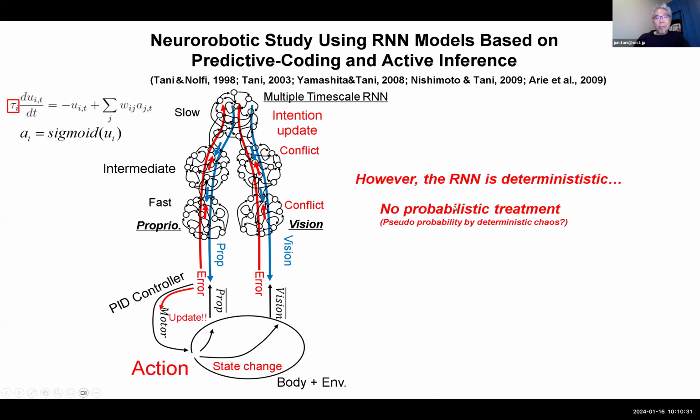But people in deterministic dynamics say that probabilistic phenomena can be well imitated by developing deterministic chaos. That includes me; we used to say that.